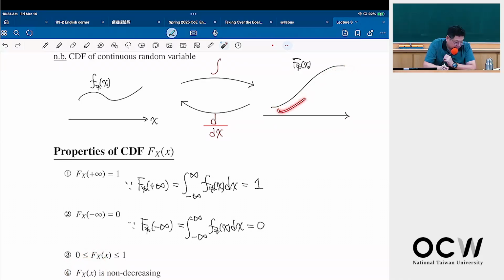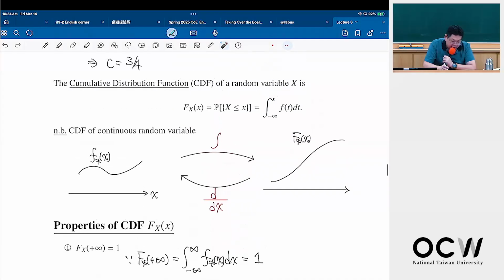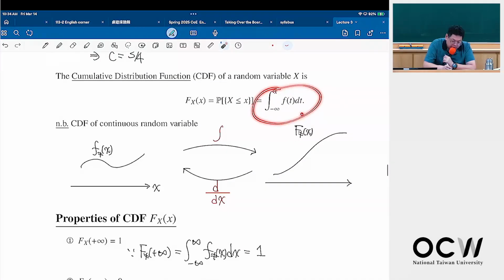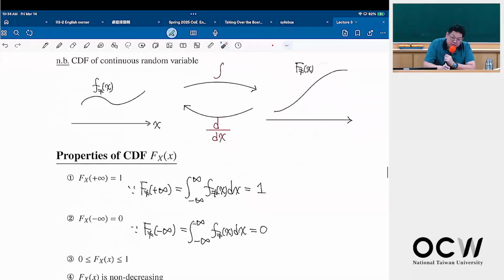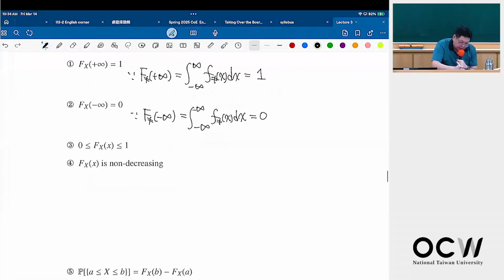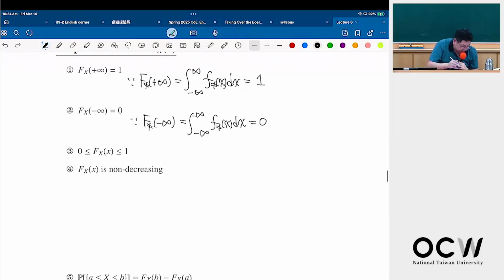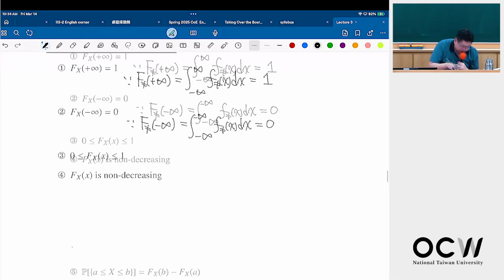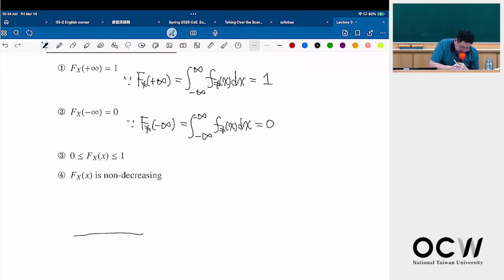Why is it non-decreasing? See this integration? You will always accumulate something. If you plot the PDF first, so here's the PDF.